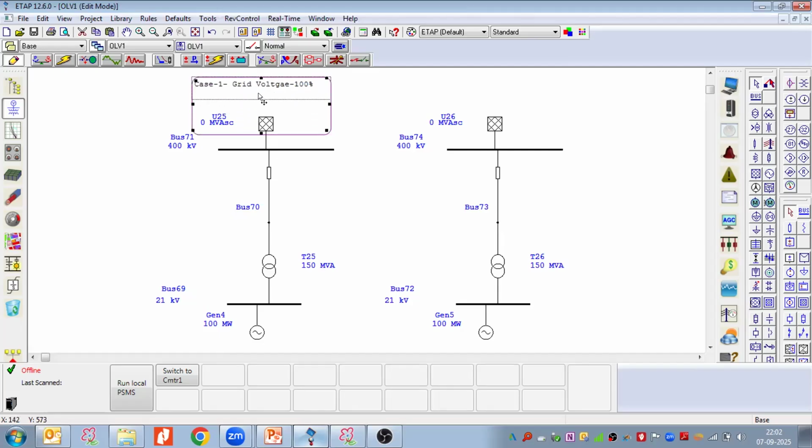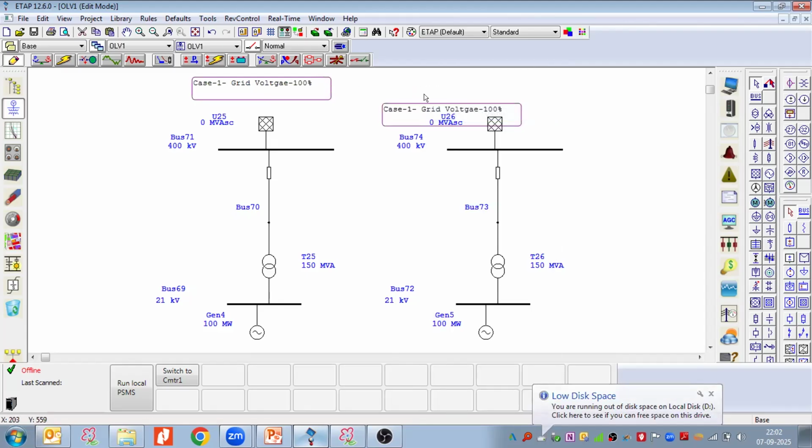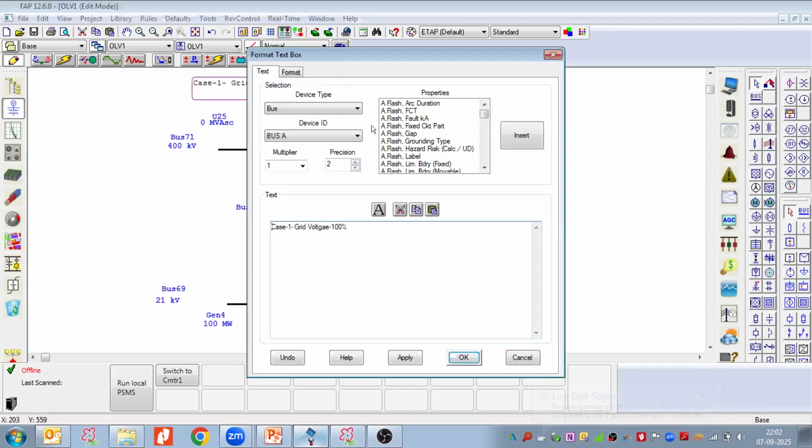Now let us take the second case. Again Control C and move from dumpster. So in case 2, the grid voltage is not 100%. Suppose the grid voltage increases a little bit at night time, going to 102%.